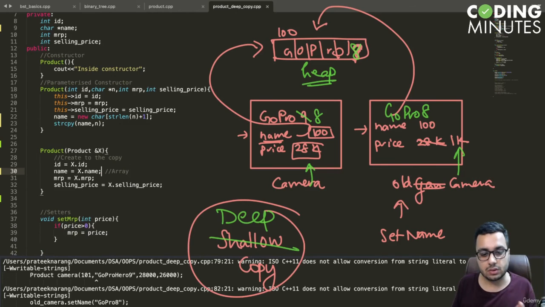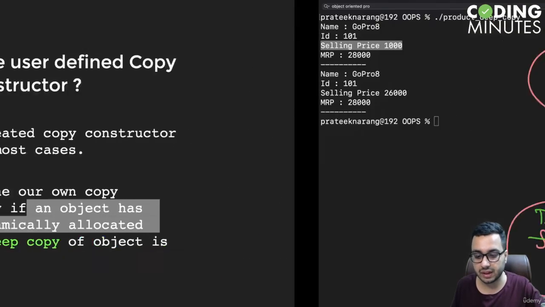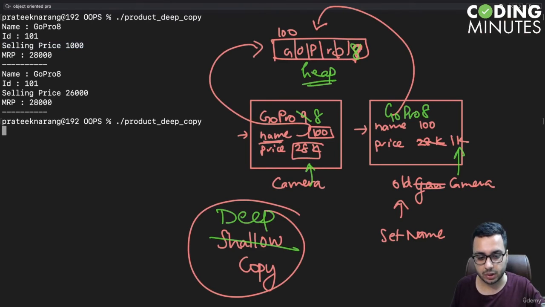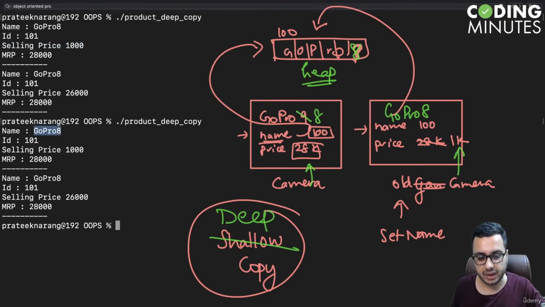Okay, so this code, you can see it is building fine, and this work is done by the shallow copy. So this is how exactly the shallow copy is created. It just blindly copies all the values without looking at what memory should be copied and what should not be. So if I run this code, you will see the same output. The name is changing, but the price is not changing because price is in a different bucket, but the name is in the common bucket.